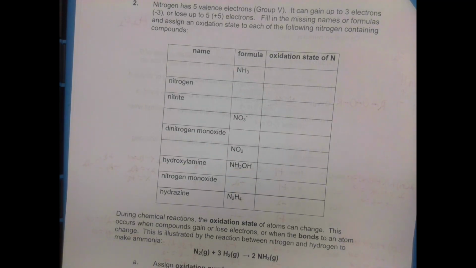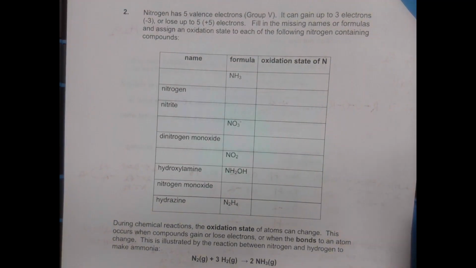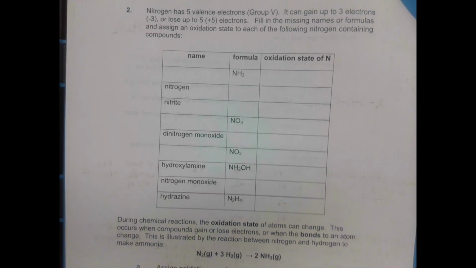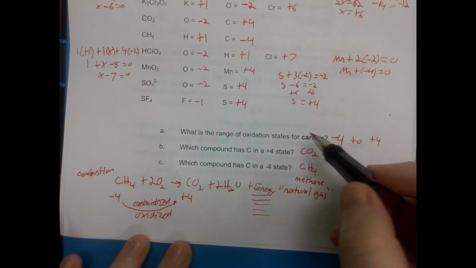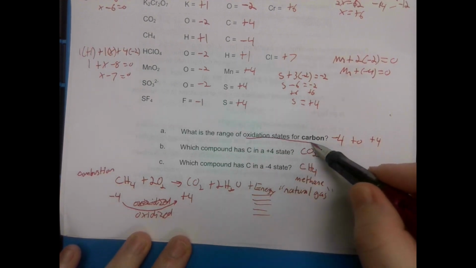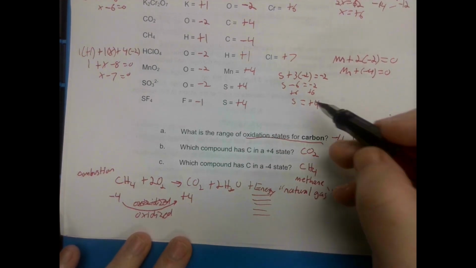Alright, so here we have nothing but nitrogen we're going to be looking at. Nitrogen has 5 valence electrons. It can gain up to 3 electrons for a -3, or lose up to 5 electrons for a +5 oxidation state. This also answers the question right here. What is the range of oxidation states for carbon?